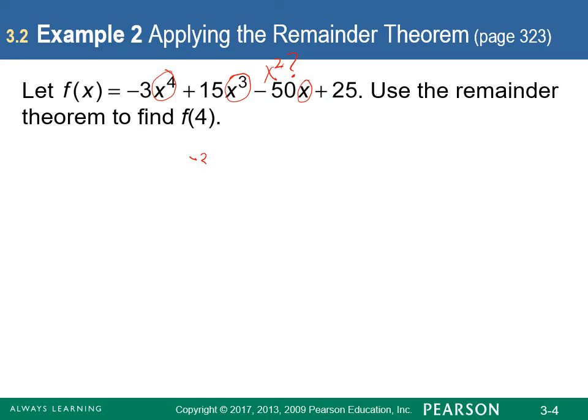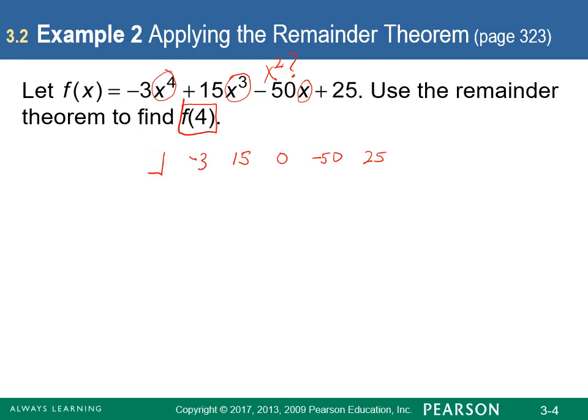Here's the negative 3 on the x to the 4. Here's the 15 on the x to the 3. There's no x to the 2, so we need a 0 there for x squared. Then the negative 50 and the 25. So this is talking about finding f of 4.